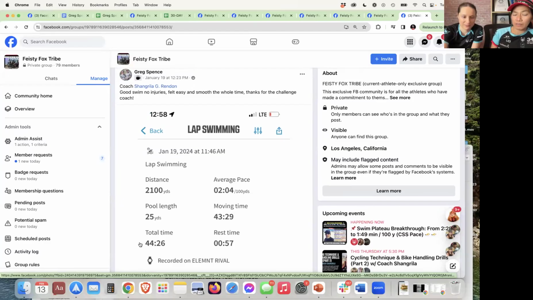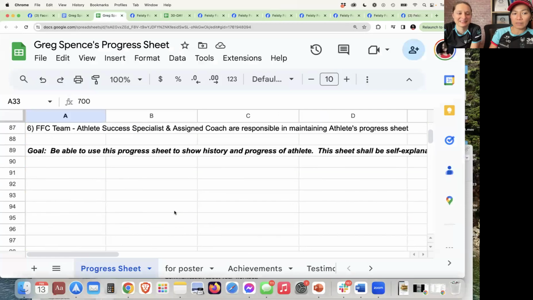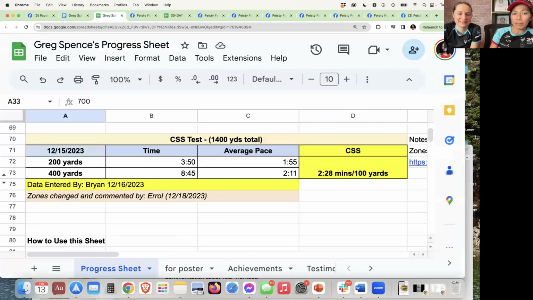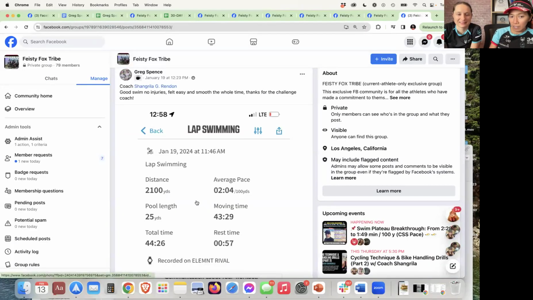Total time 44 minutes. No injuries. He did it January 19, and as you guys remember, he started December 15, so a month. Not only did he get faster and maintain his pace, he got longer and even beat his pace of 2:04.